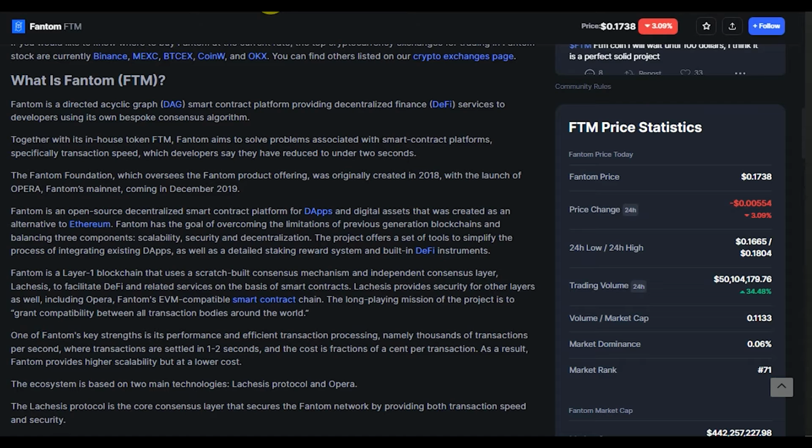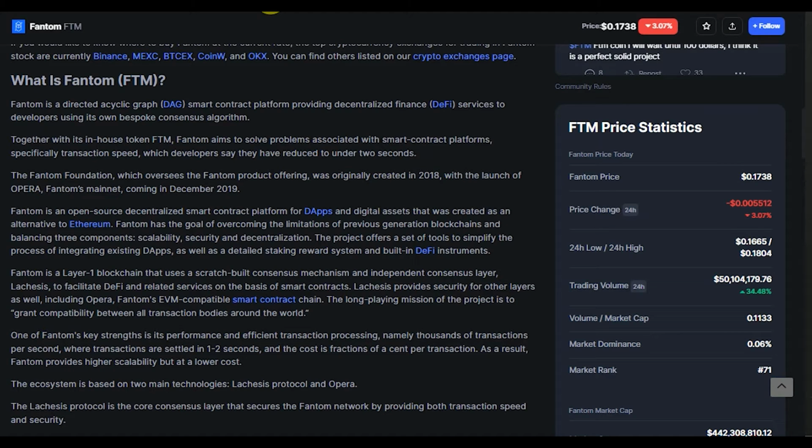The Fantom Foundation, which oversees the Fantom production offering, was originally created in 2018, with the Opera Fantom mainnet launching in December 2019. Fantom is an open source decentralized smart contract platform for DApps and digital assets that was created as an alternative to Ethereum.